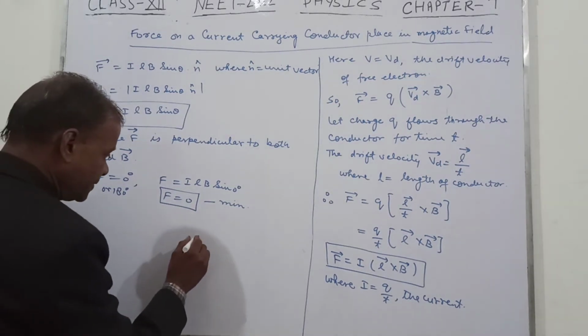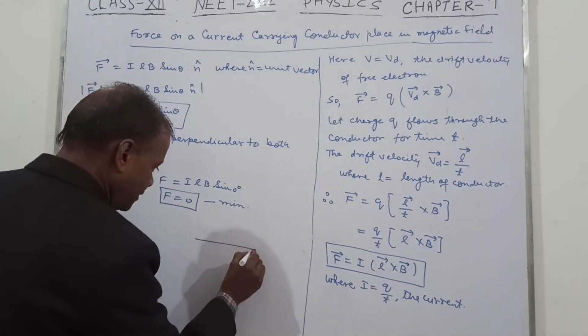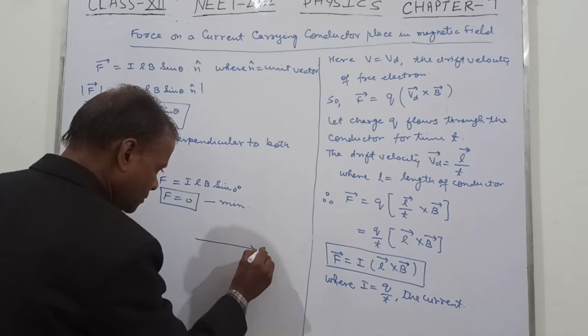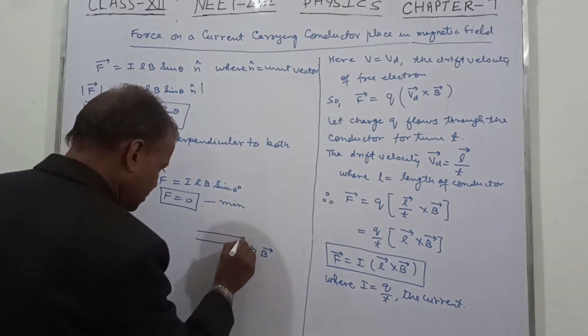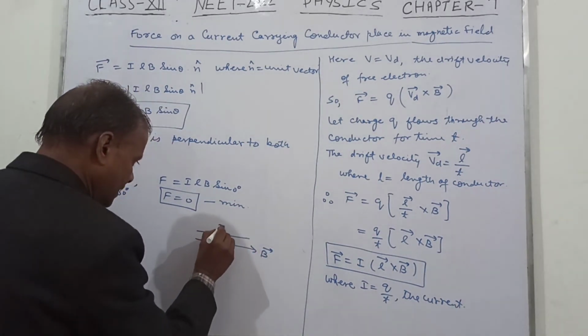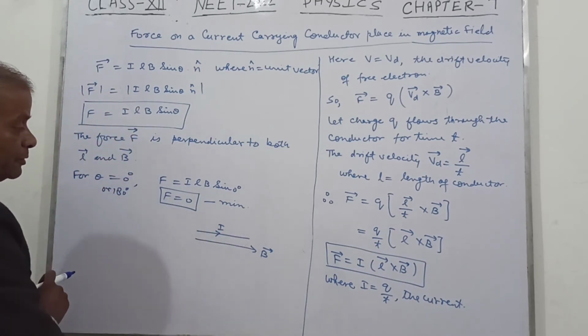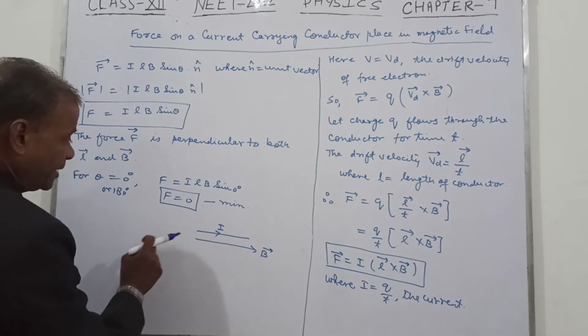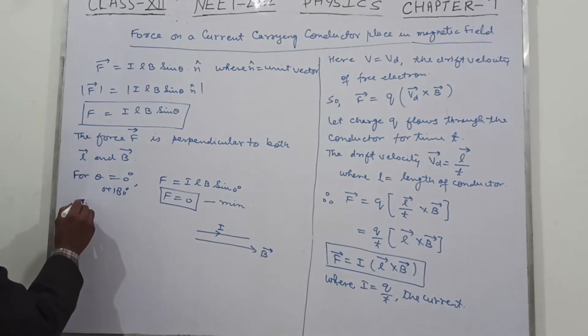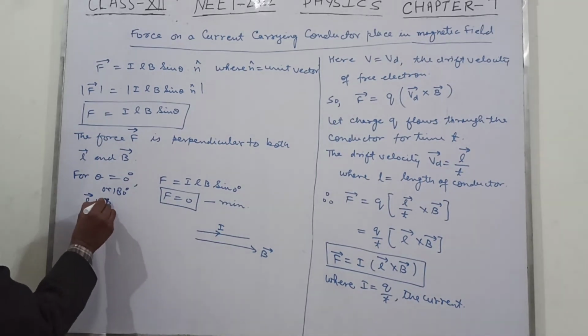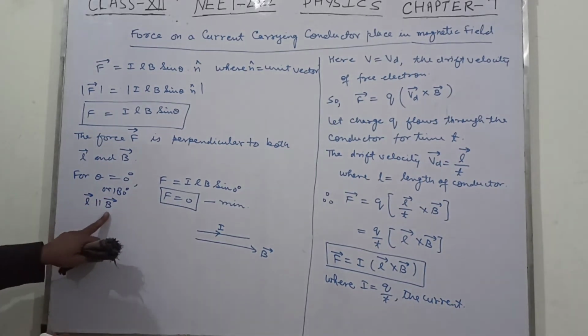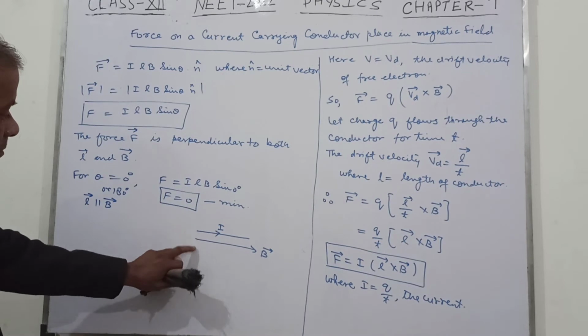So this is the magnetic field, and this is the conductor carrying the current I. Then the angle between them is equal to 0, so L is parallel to B. This is the condition.